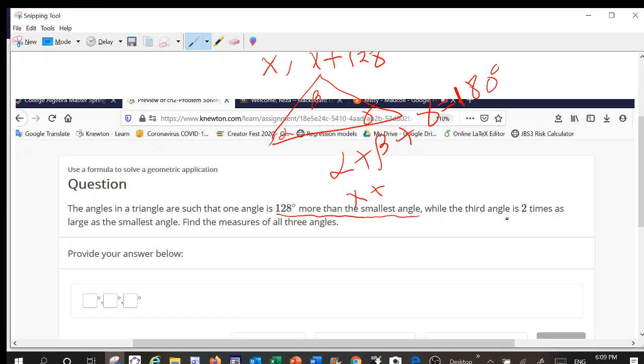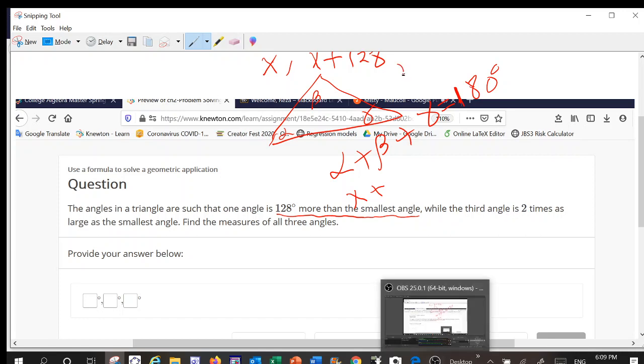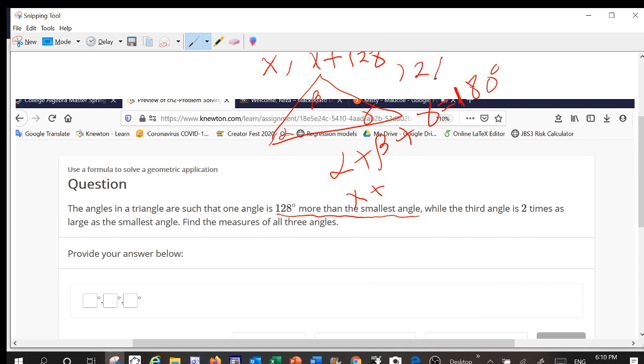While the third angle is 2 times as large as the smallest angle. So the third one is 2 times as much as the smallest angle. So these are the 3 angles. Let's write them here: x plus x plus 128 plus 2x. They have to add up to 180.